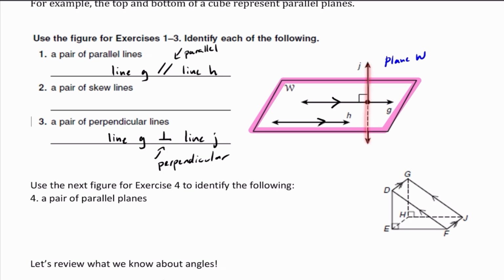This is not on plane W. Only this point is. Line J has its own plane. So these two lines don't intersect, but are on different planes. Lines H and J are skew.